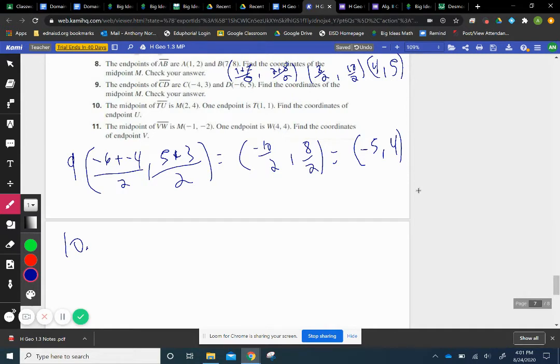Okay, so where are we at? Endpoint is 1. Here's the formula: x1 plus x2 over 2, right? And this is going to equal 2, because this is our midpoint.